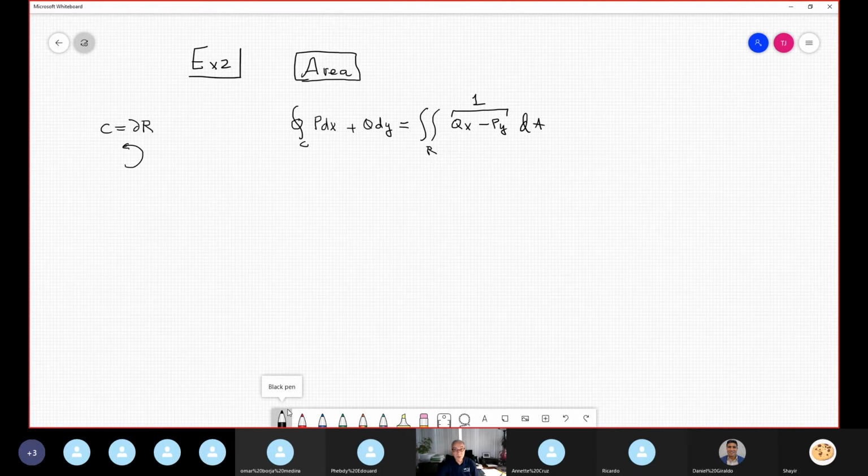Well, entonces now, let's see. Suppose it's 1. There are many possibilities to suppose that this is 1. The most common supposition is suppose that Qx is 1/2 and Py is negative 1/2, because positive 1/2 minus (negative 1/2) is 1. Okay. And you say, Professor, there are other combinations.